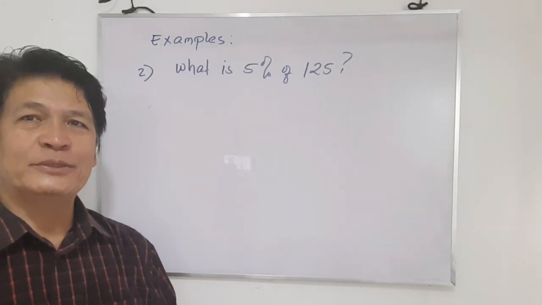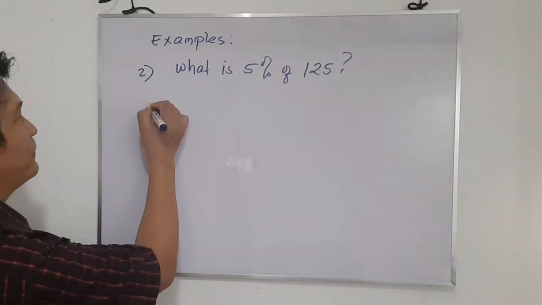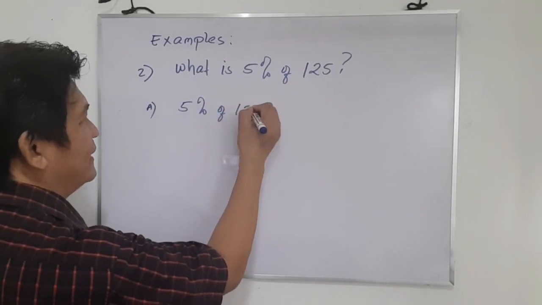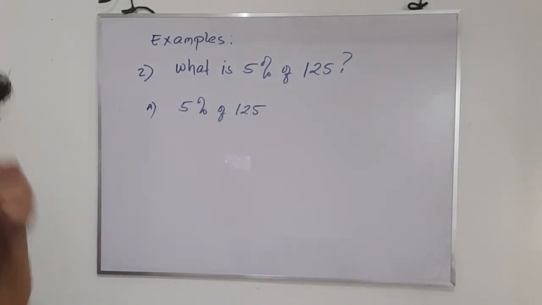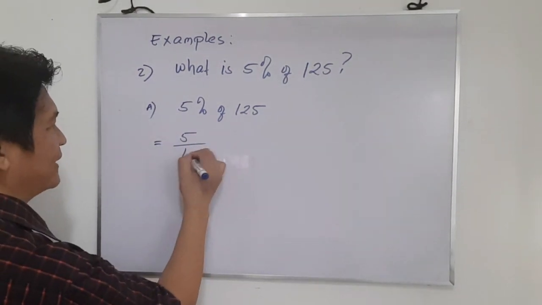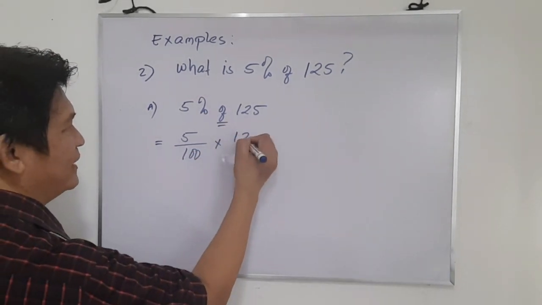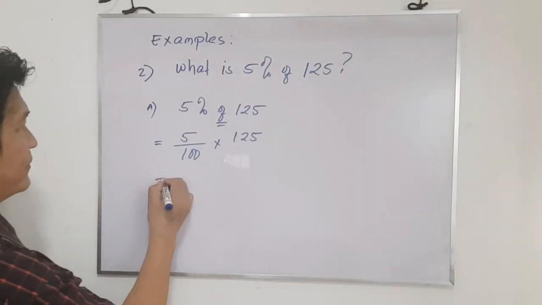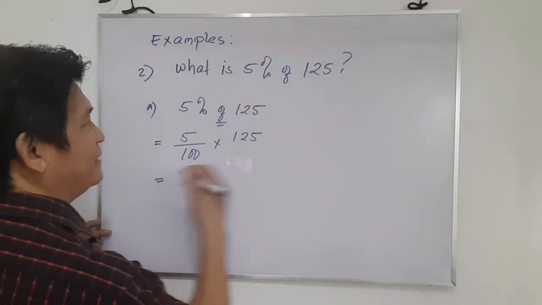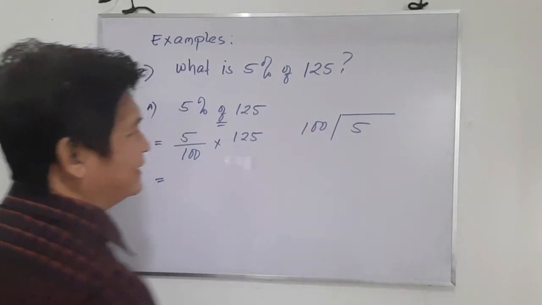Let's solve our example number 2. What is 5% of 125? Okay, using our fraction method, 5% of 125, that becomes 5 over 100. We change this into a multiplication sign times 125. Next, we divide 5 divided by 100.